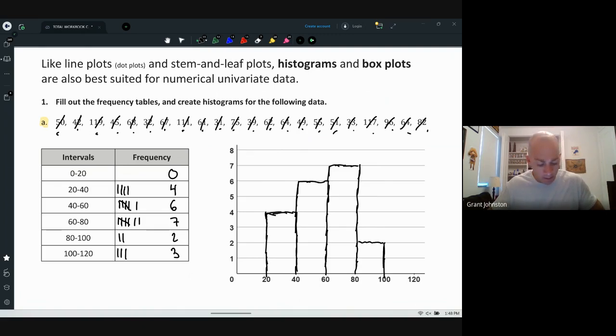And then 100 to 120. Okay, so that's how you make a histogram. Just find the frequencies and you put it in there.